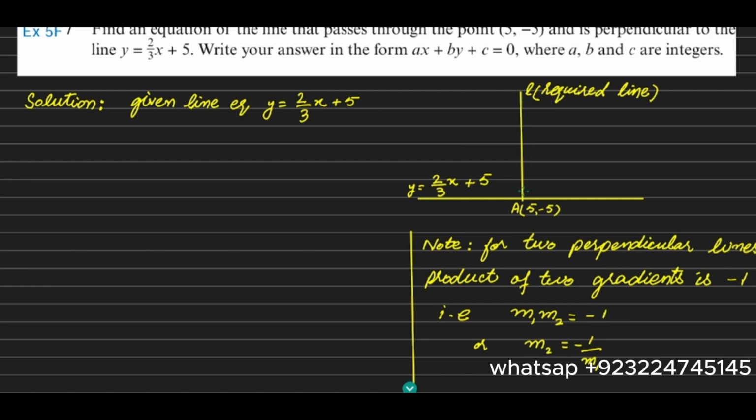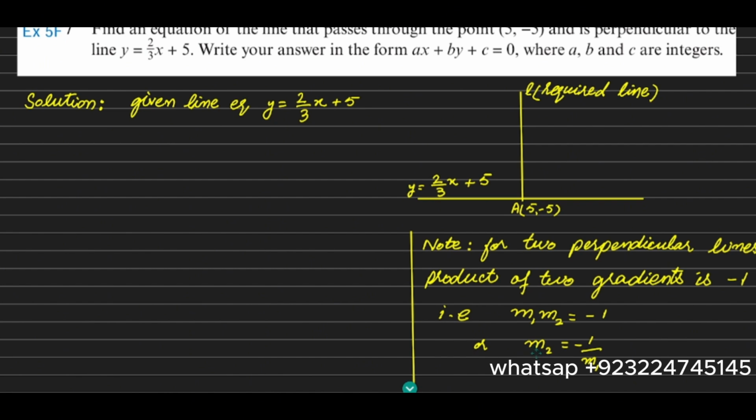First of all, we have to find the gradient of the required line. Remember that for two perpendicular lines, the product of the two gradients is minus 1. That is m1 m2 equals minus 1. In other words, m2 equals minus 1 divided by m1. In this way, we can find the gradient of the perpendicular line.